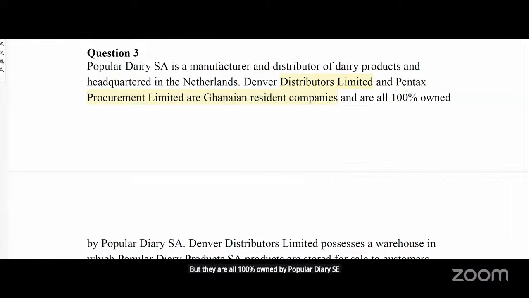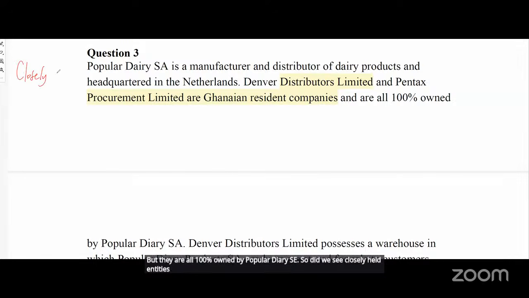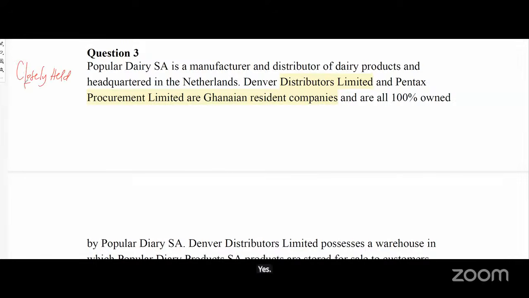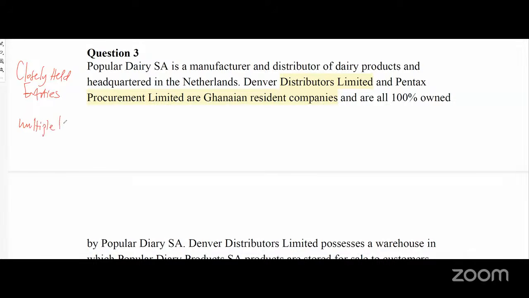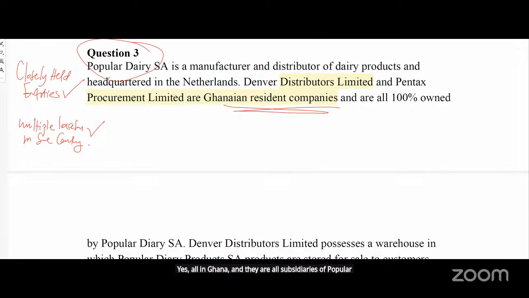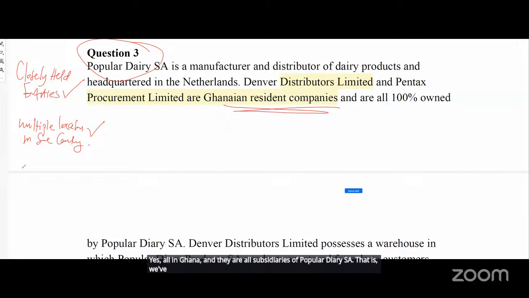So did we see closely held entities? Yes. Are they in the same location or multiple locations in the same country? They are all in Ghana, and they are all subsidiaries of Popular Dairy SA. So we've spotted two of the conditions.